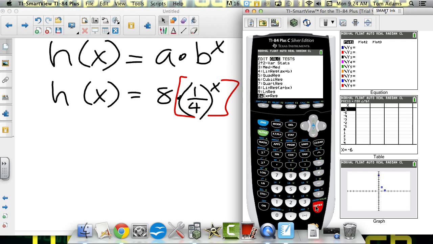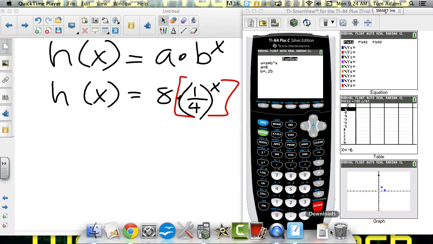Right? So I'm going to hit enter. Do I want to store it? Yeah, well, let's just calculate it. Were we correct? Yep. Okay, good. That's it.